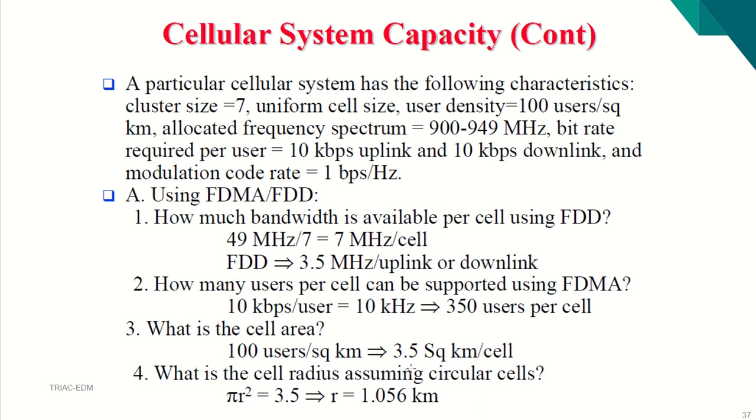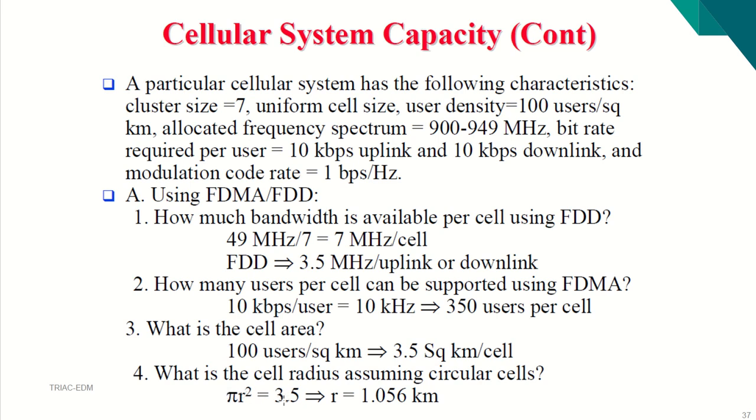Okay, and what is the cell radius assuming circular cell? The cell radius, pi r squared, this r represents the radius. A radius for a circular cell, and its area is pi r squared.